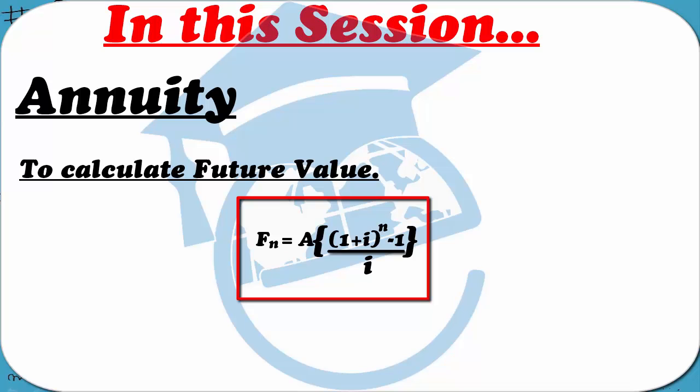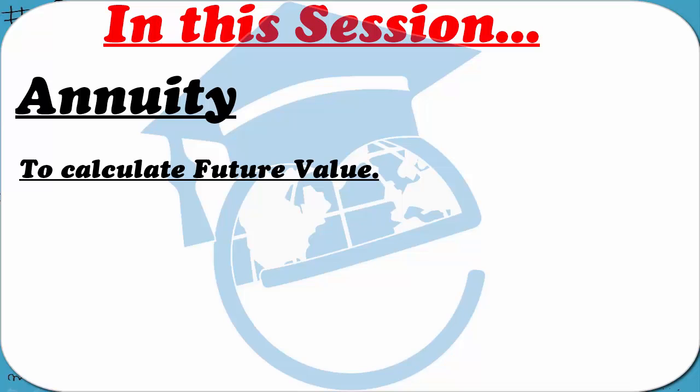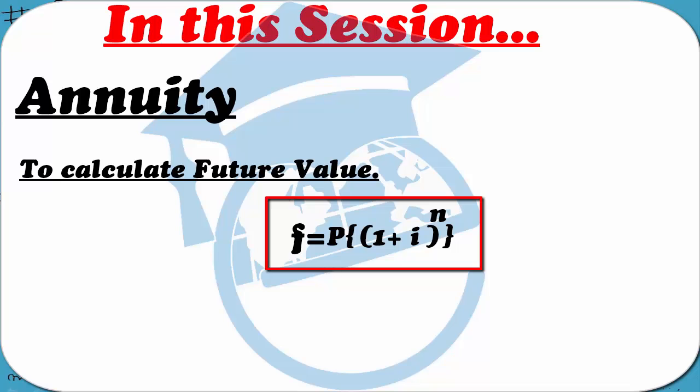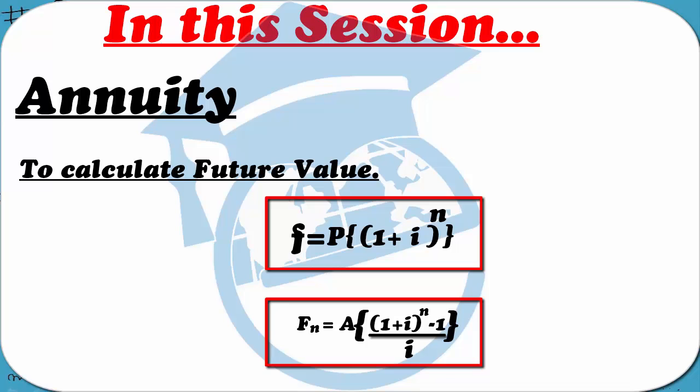So in effect, we are trying to say, students, that formula wise also, future value of a lump sum is F is equal to P multiplied by within bracket 1 plus I raised to the power of n. So this formula, P within bracket 1 plus I raised to the power of n, will be exactly equal to Fn is equal to A within bracket 1 plus I to the power of n minus 1 whole upon I.